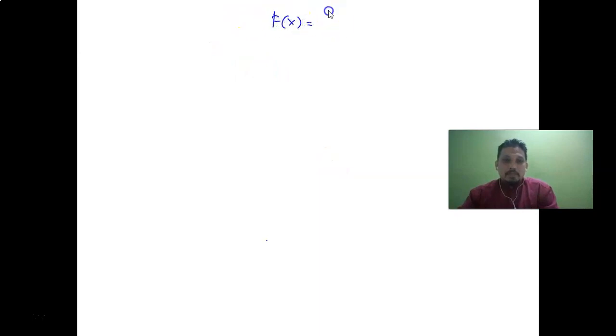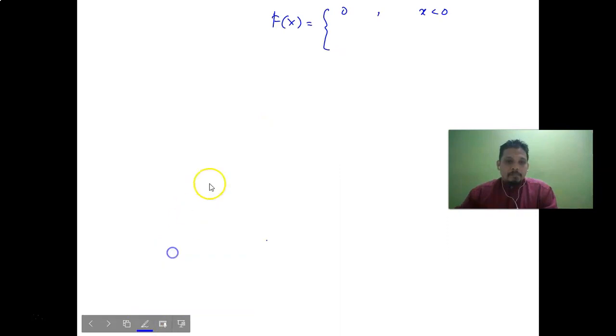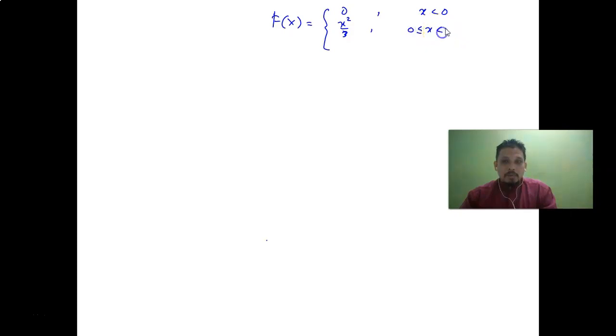F(x) equals 0 for x less than 0, x squared over 3 for x from 0 until 1, then x minus a x squared minus b for x between 1 and 3, and then 1 for x greater than or equal to 3. This is a cumulative distribution function.